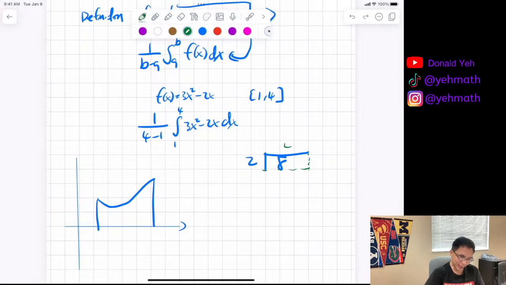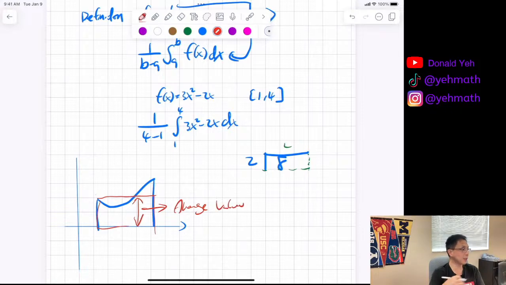So if you find the area of this, divided by the width, you find the average height. This height is the average value.